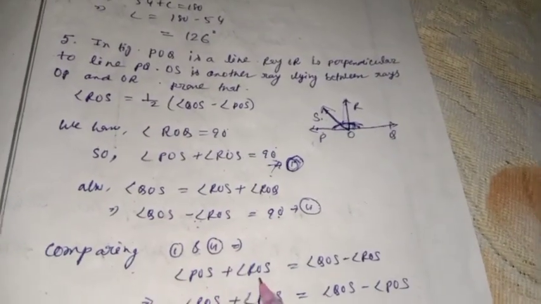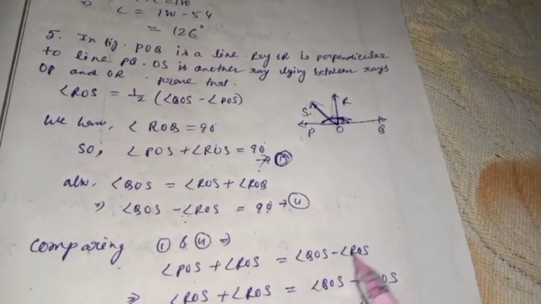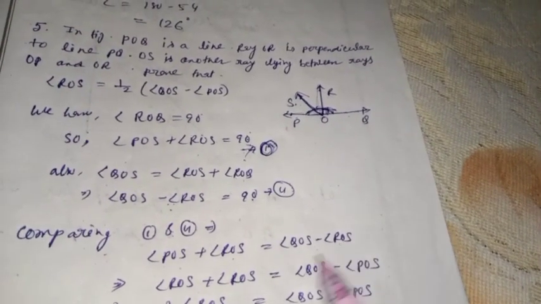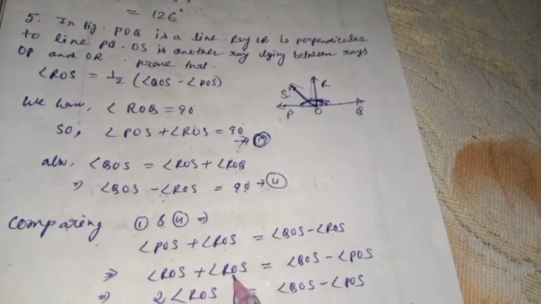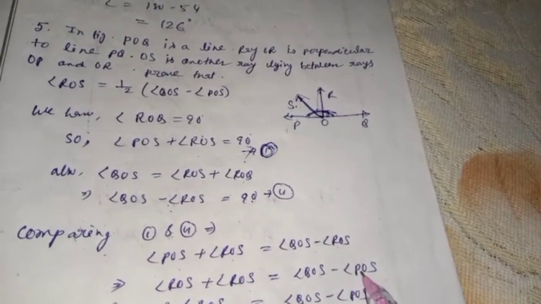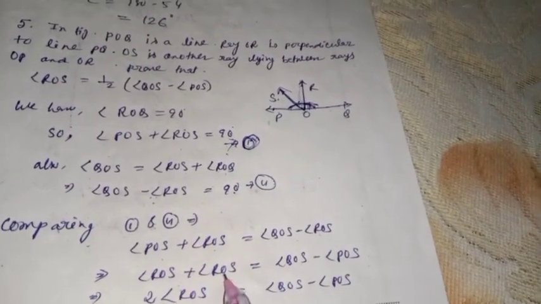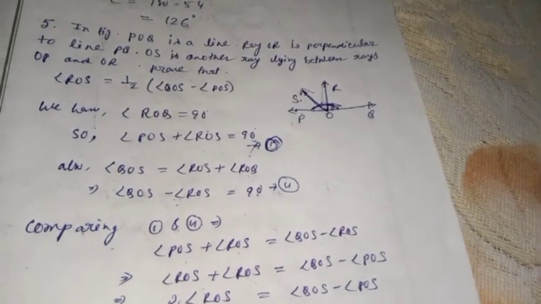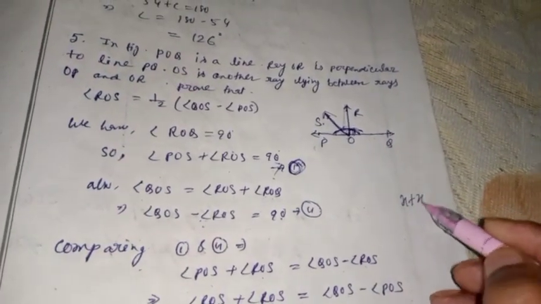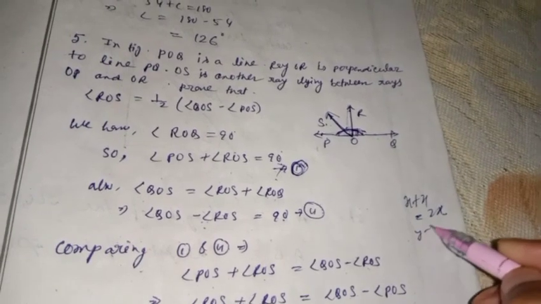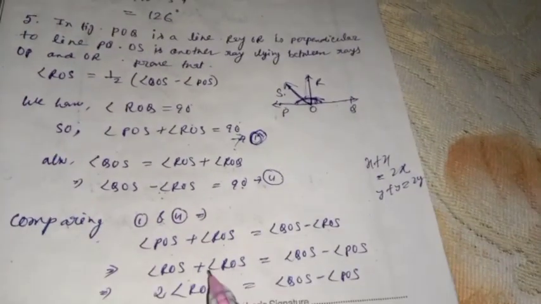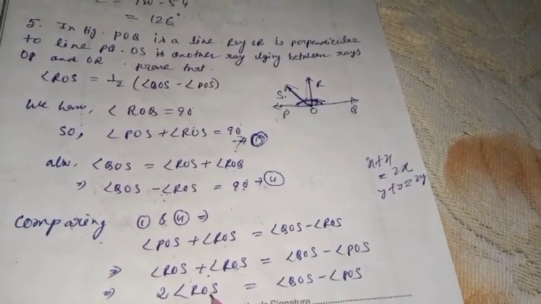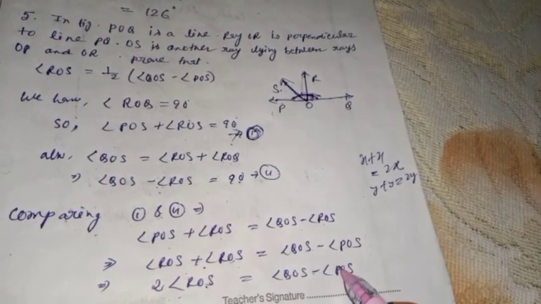So POS plus ROS is equal to QOS minus ROS. If you transfer this ROS to the left-hand side, then ROS plus ROS, and what is left here? QOS minus POS. Angle ROS plus angle ROS is twice angle ROS. Like this, X plus X is how much? Twice X. Or Y plus Y how much? Twice Y. Like this, angle ROS plus angle ROS is twice angle ROS. And what is left? Angle QOS minus POS.